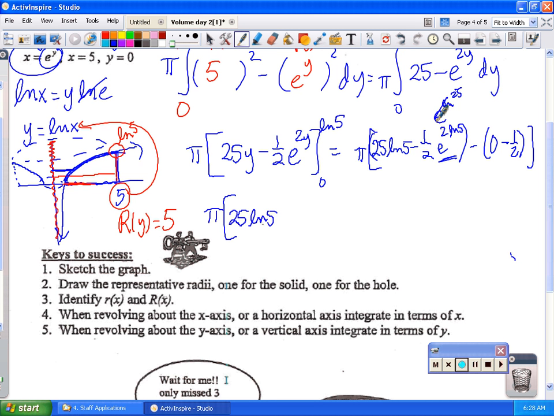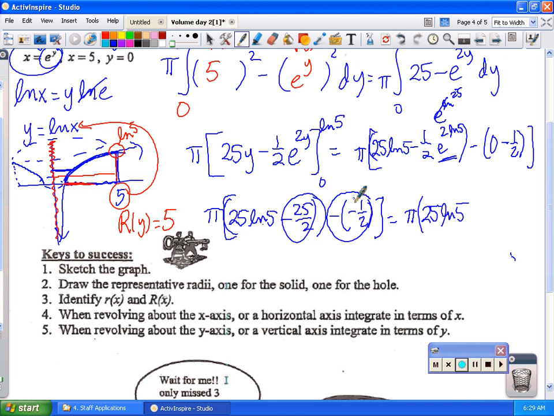So e and ln undo each other, and I have half of 25, so I'm going to just write that as minus 25 halves minus negative 1/2 is equal to pi times 25 ln of 5, and then I have a negative 25 halves plus 1/2, which would give me negative 24 halves, which is negative 12, and that works as an answer.